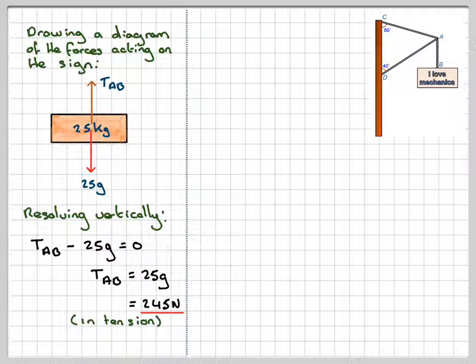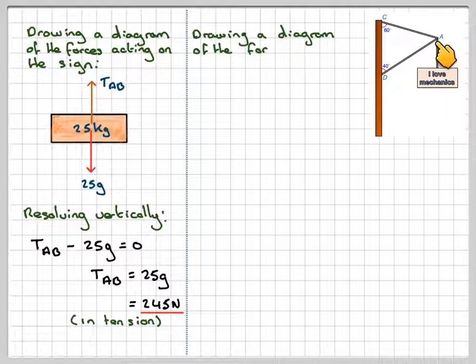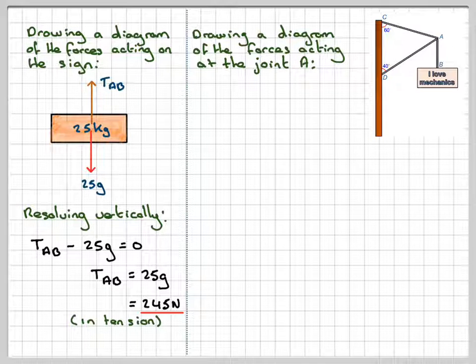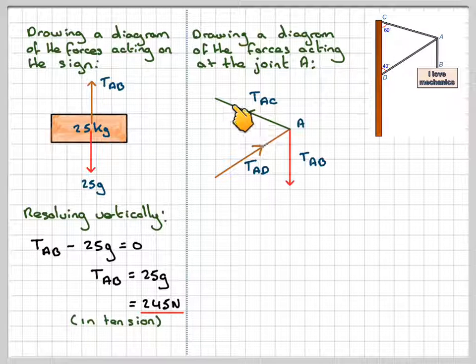Now what we're going to do is draw a diagram of the forces acting at the joint A here. So we've got the tension acting downwards, TAB, that we know is in tension. We've got a force here and a force here. So TAC will definitely be in tension. Now we've got a problem here.